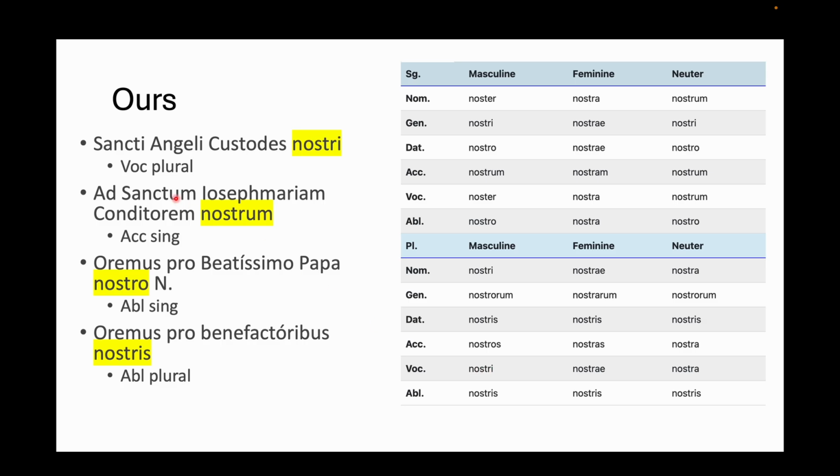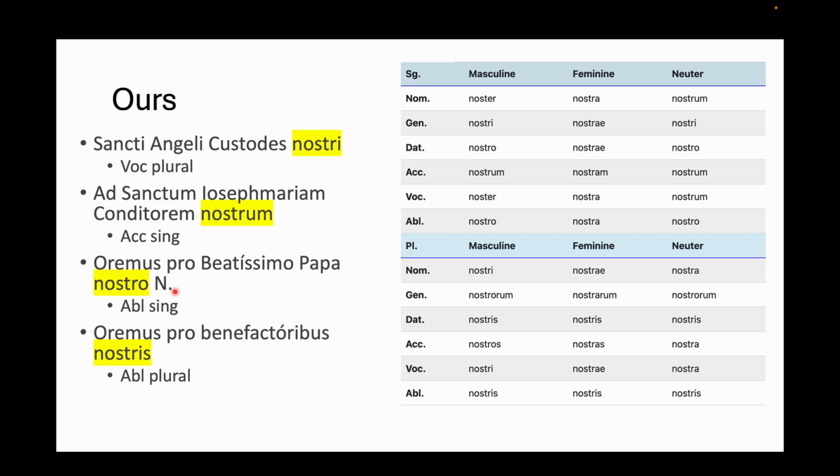Okay, ad sanctum Joseph Mariam conditorum nostrum. Sanctum Joseph Mariam is actually an accusative. Remember, it's after the ad, and things after an ad are often in the accusative, and he's singular. So let's look, and he's a male, so let's look at the accusative singular, it's nostrum. So it all matches up, and we could go through it.